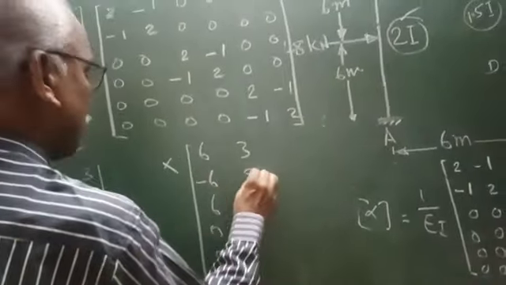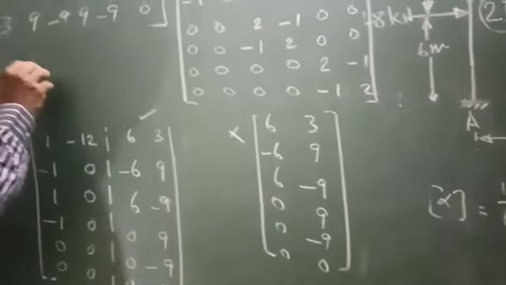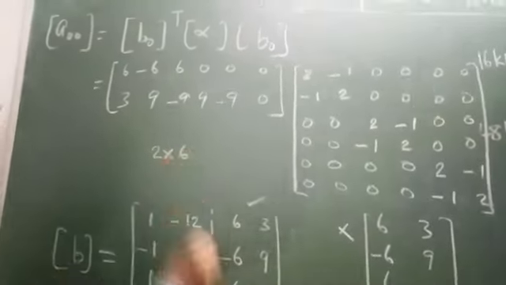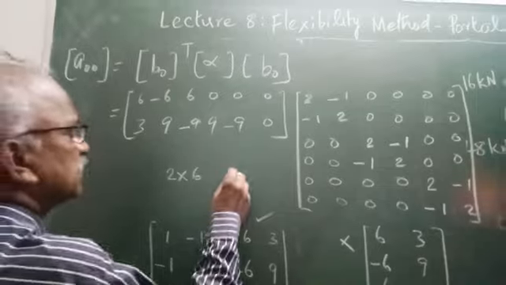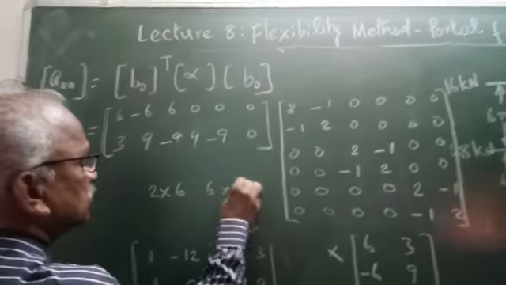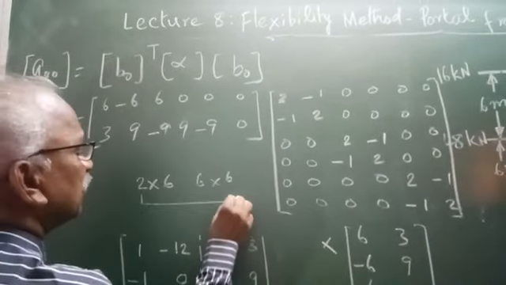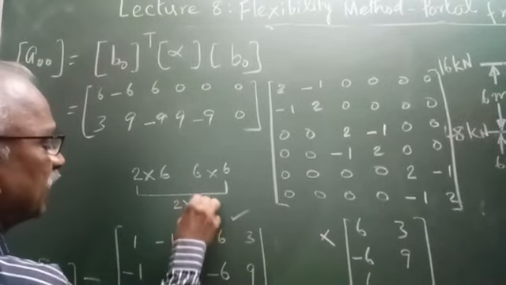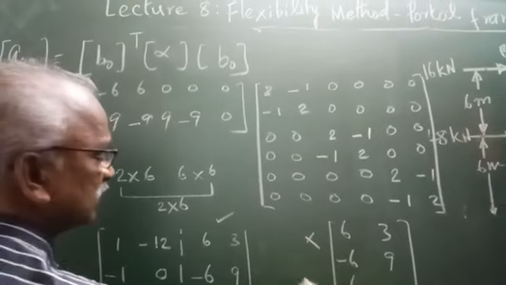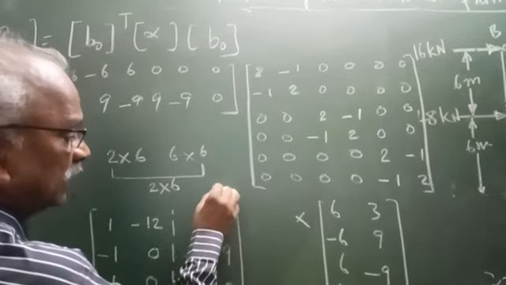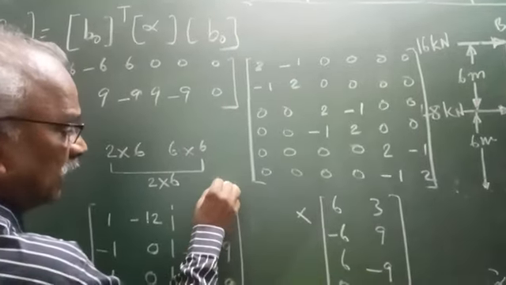So this is A naught naught. So 2 rows 6 columns, here 6 rows 6 columns. So this will give a 2 by 6 matrix. This 2 by 6 is multiplied by 6 by 2, which consists of 6 rows and 2 columns. Therefore this will give you a 2 by 2 matrix.